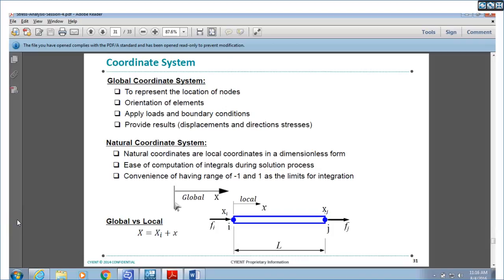I think last week we were discussing shape functions. I want to continue further on that. Before proceeding further on shape functions, I want to analyze the coordinate systems. One is the global coordinate system, and then we have to use local coordinate systems.